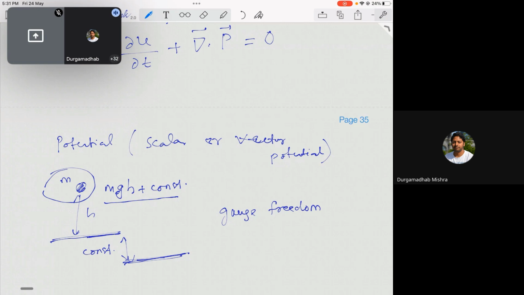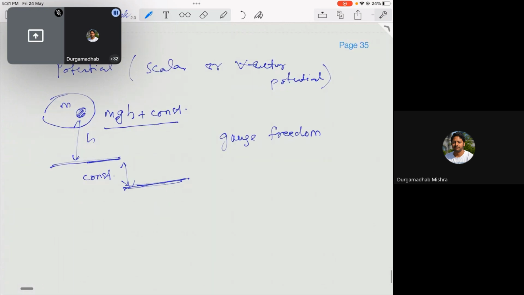So a similar thing we can also do in electric and magnetic fields. The electric and magnetic fields that we are talking about are all real physical things. Okay, so they really exist.